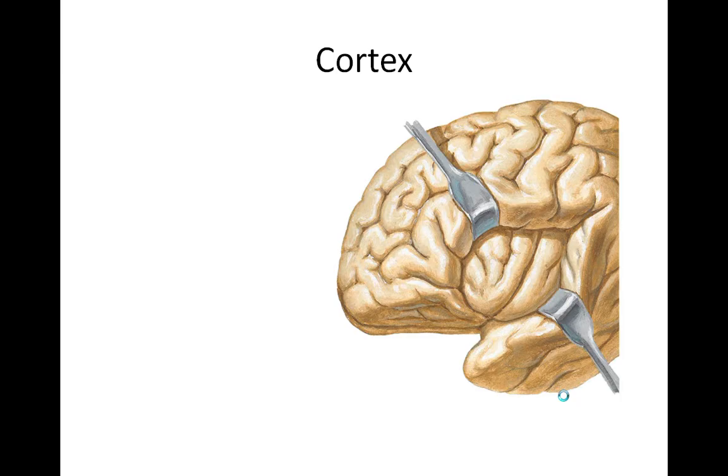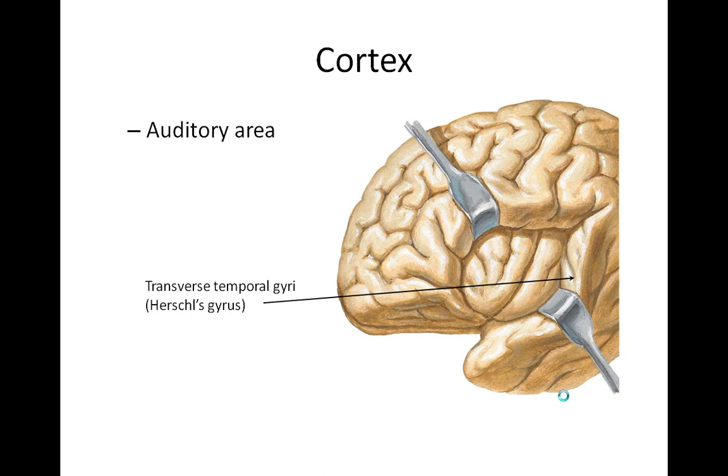The next functional area of cortex that we need to know lies in the anterior transverse temporal gyrus. It's also known as Heschl's gyrus, and this is the cortical area which receives the auditory input. It receives binaural input, which basically means input from both ears.